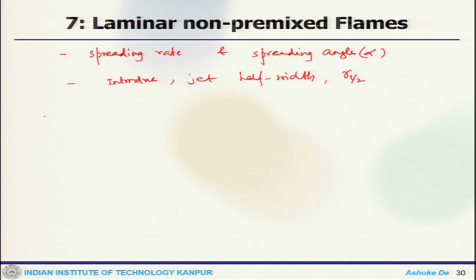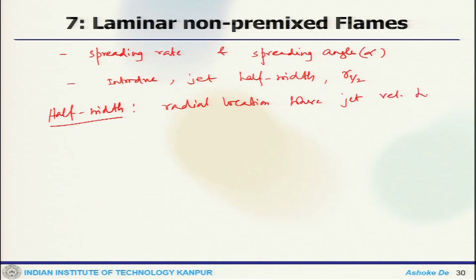Now what is half width? One can see that half width is the radial location where the jet velocity has decayed to 1/2 of its central line value.